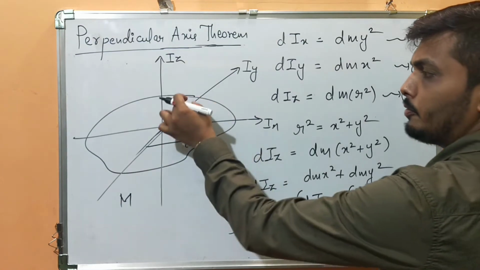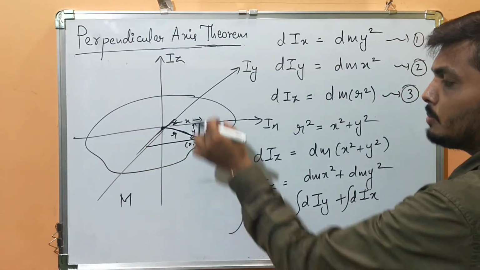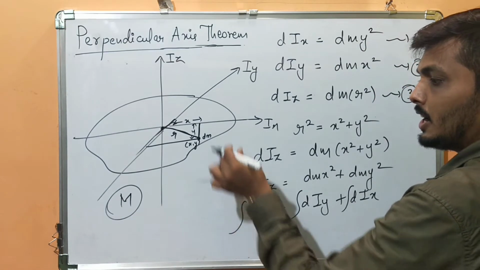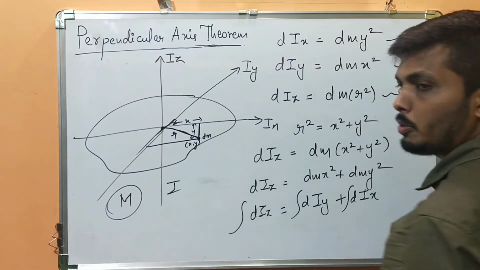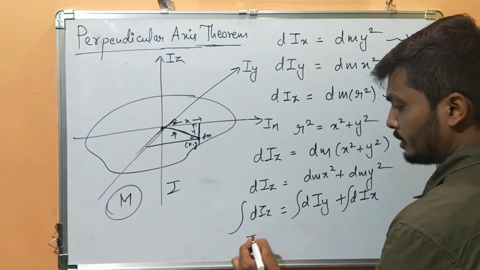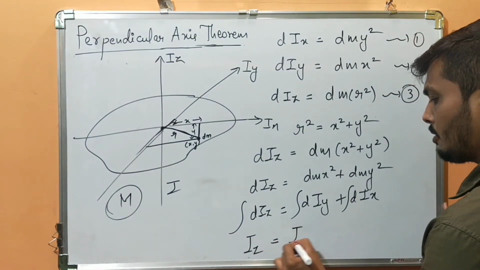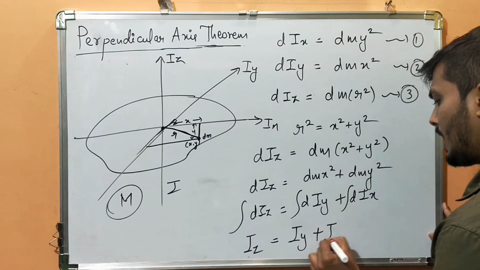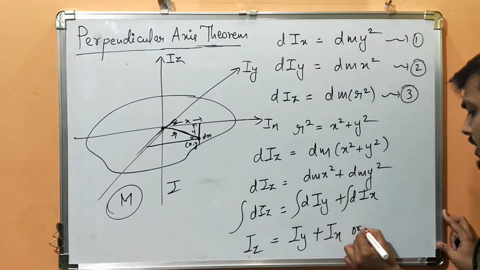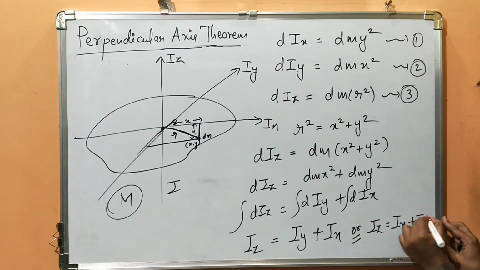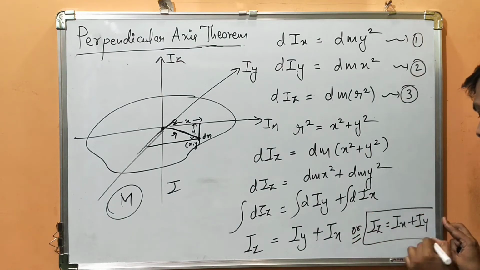If I go on adding for every one, dm will give me the total mass m. Similarly dI will give me the total moment of inertia I. So this will give the moment of inertia about the z axis. You can just rearrange: Iz equals Ix plus Iy.